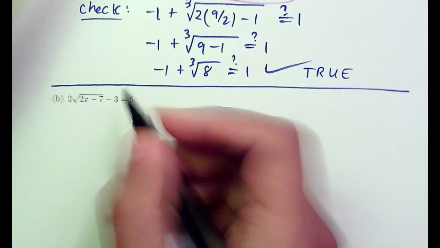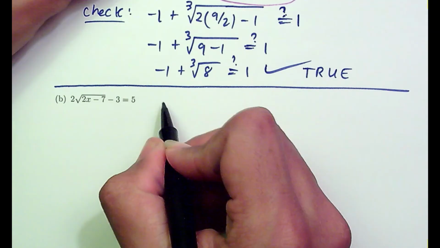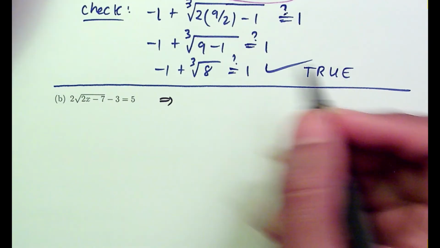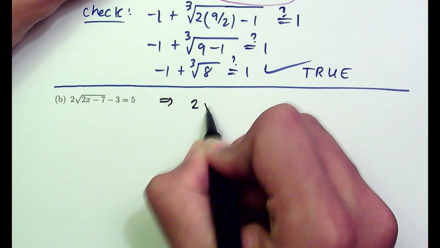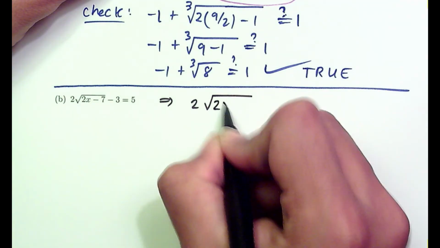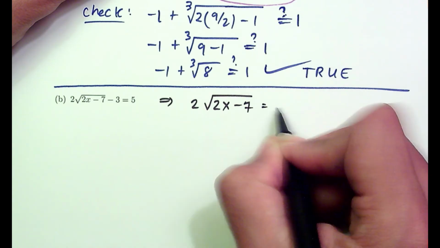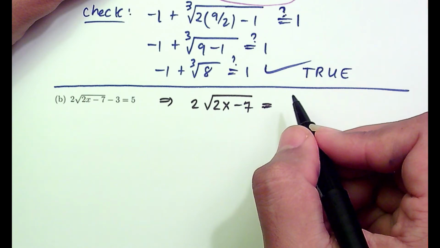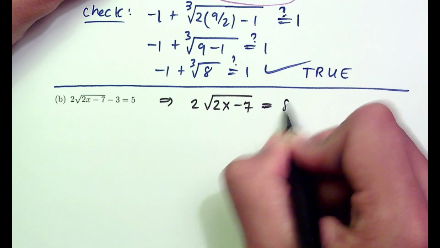All right, so let's do it. So move the 3 over because I want this step 1, which is square root, all by itself. So you're going to have 2 square root of 2x minus 7 equals 5 plus 3, which is 8.